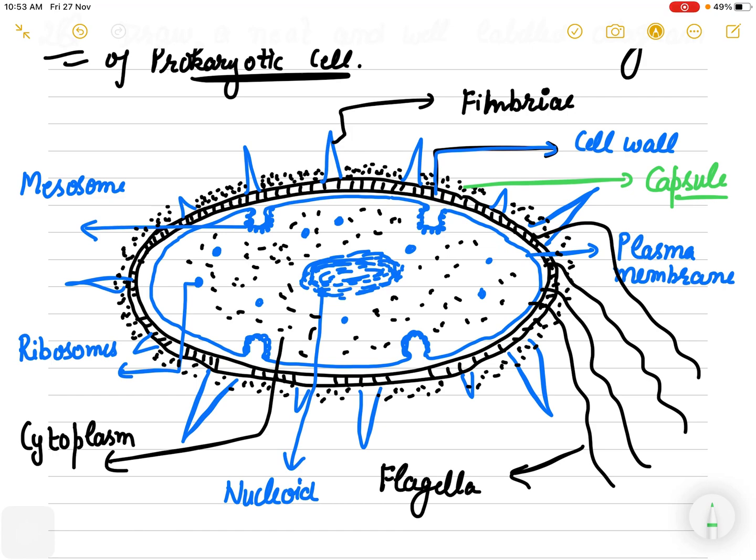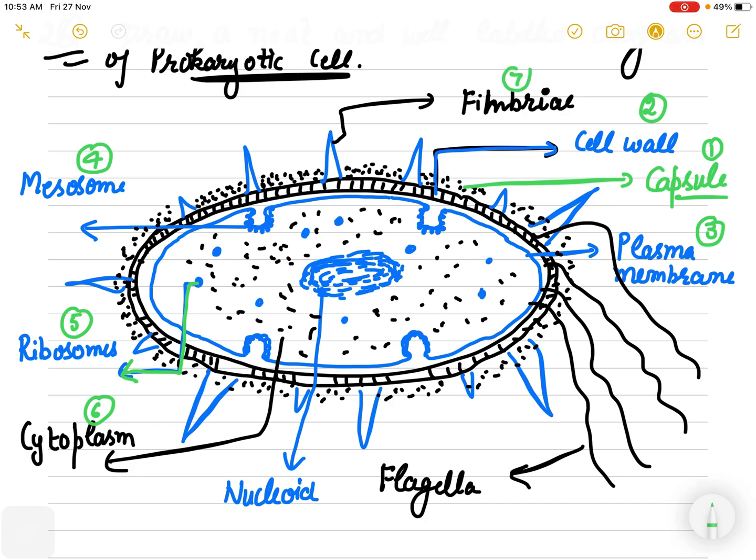So first the capsule, then the cell wall, then the plasma membrane. There is the modification of the plasma membrane, which is known as mesosome. Then there are ribosomes, then the cytoplasm.